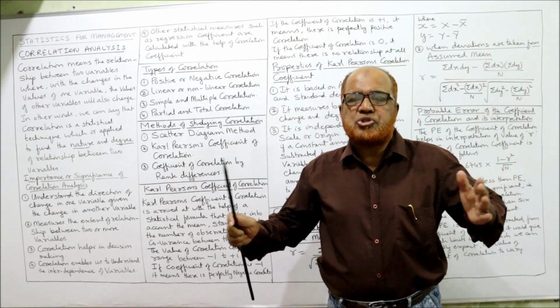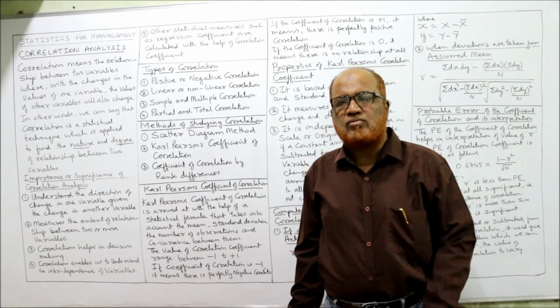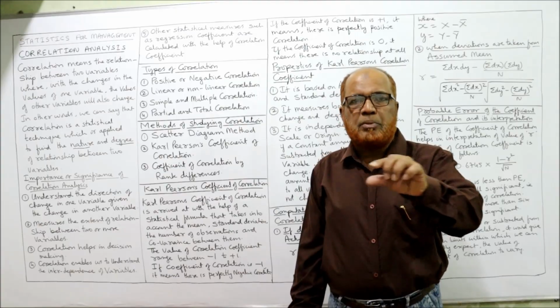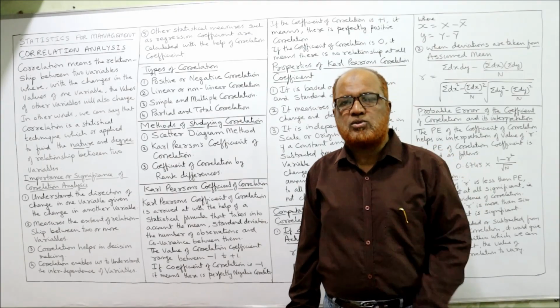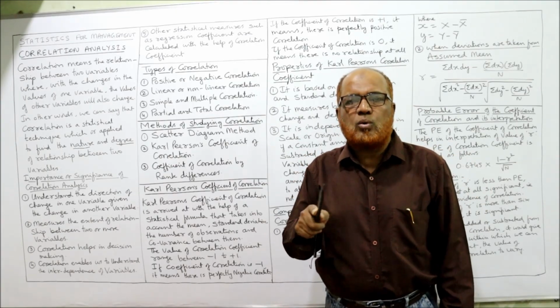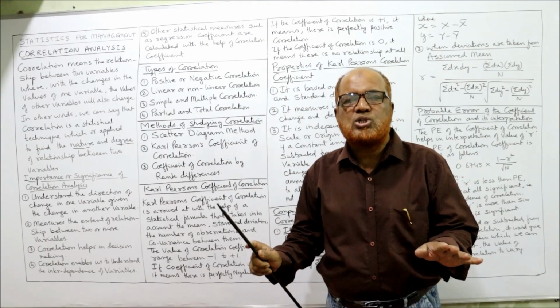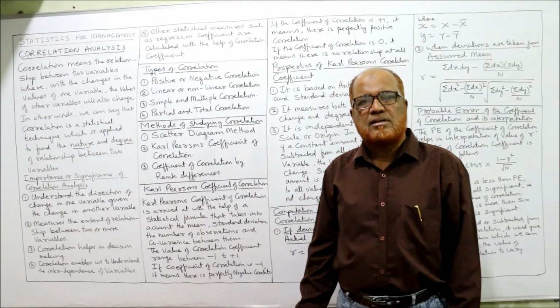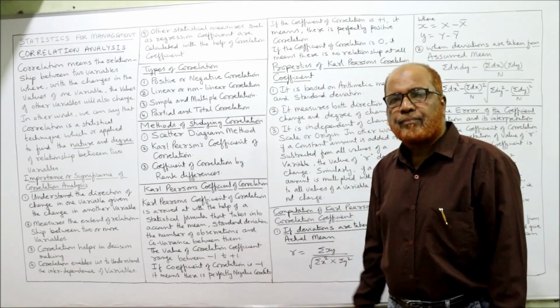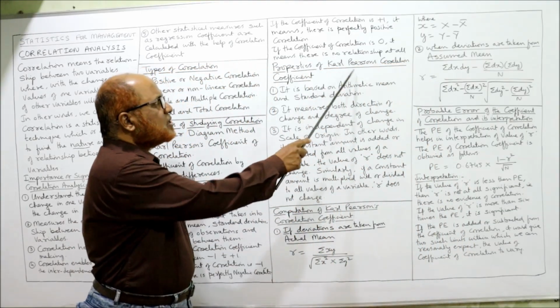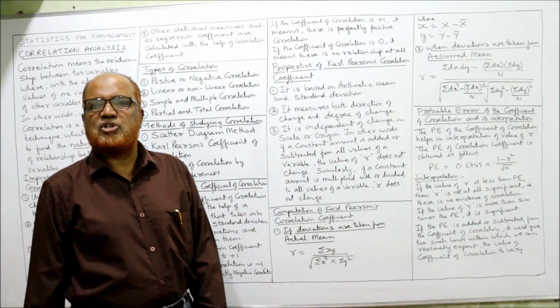But these two extremes, -1 and +1, will seldom occur in practice. It will range between -1 and +1. If you get a correlation coefficient of 0, it means there is no relationship between the two variables. That is the explanation given by Karl Pearson. Now, properties of Karl Pearson's correlation coefficient.